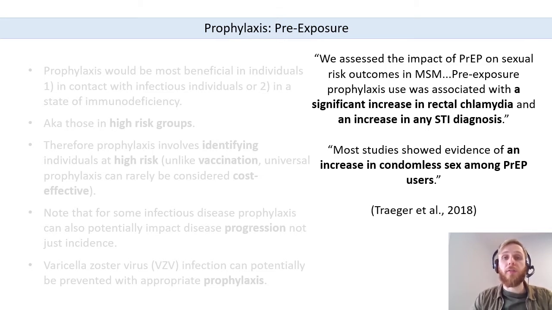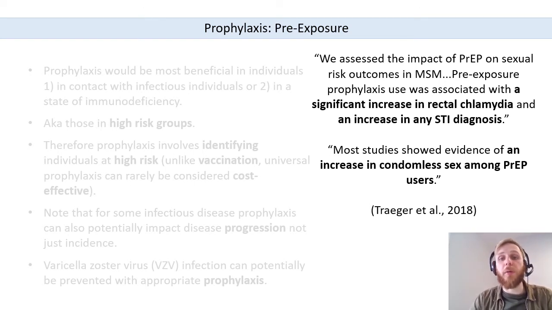One, because no pre-exposure prophylactic regimen gives 100% protection, so these individuals are still at risk of transmission of infectious disease, and also because there are other infectious diseases that can transmit by the same route that the individuals do not have any protection against through the pre-exposure prophylaxis regimen.